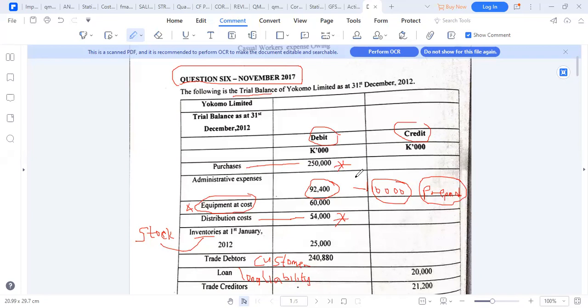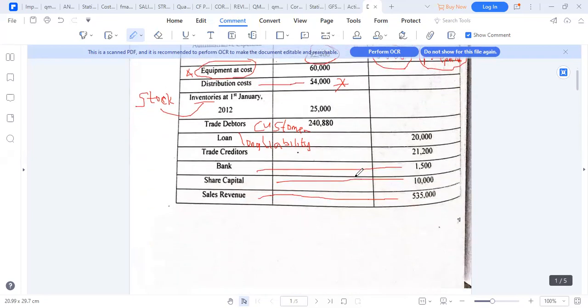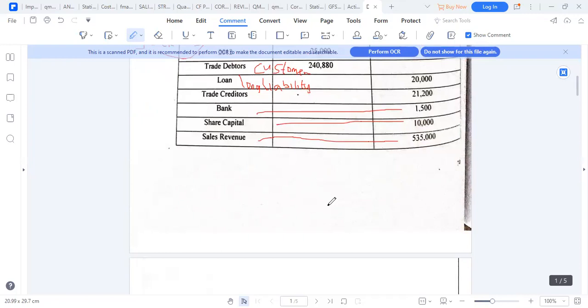Okay, we can proceed. This question has already been sent to groups. It's the one that you sent. It's already been sent and the solution is already sent, so there's no need. Let's go to something else. We'll end up wasting time.